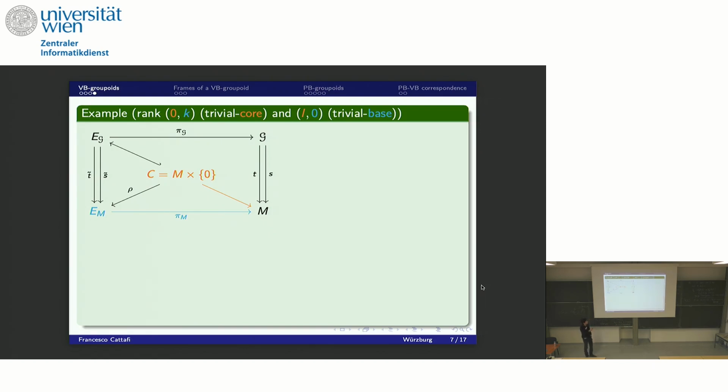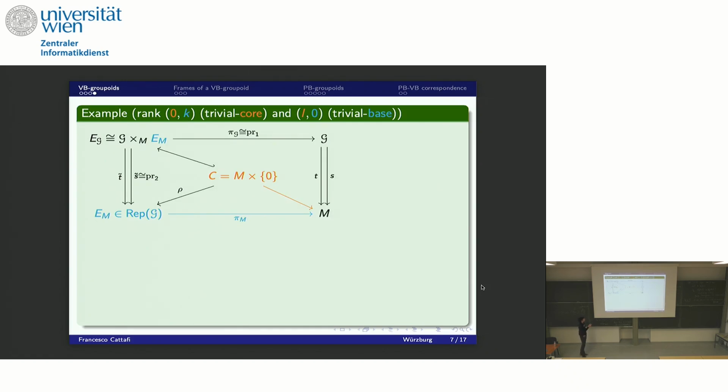And in that particular case, one does not need to go to representations up to homotopy, but one can just see that the base here, EM, will have a natural representation of C, such that the top manifold here, EG, must be isomorphic to a groupoid of this kind. It will be the action groupoid associated to that representation. So if I impose this condition, then I have a very restrictive choice of what could be on the right-hand side. So E must be of this kind.